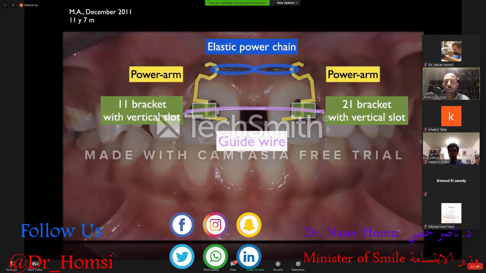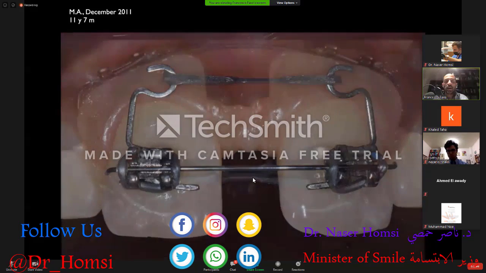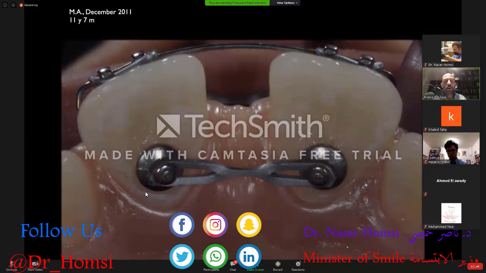We also have a guide wire, useful to prevent undesired movement of the incisors, and this is a bigger picture of the appliance. We can see something from the palatal side, because braces have been bonded on the palatal side of the upper incisors, whose role is to apply a palatal force.